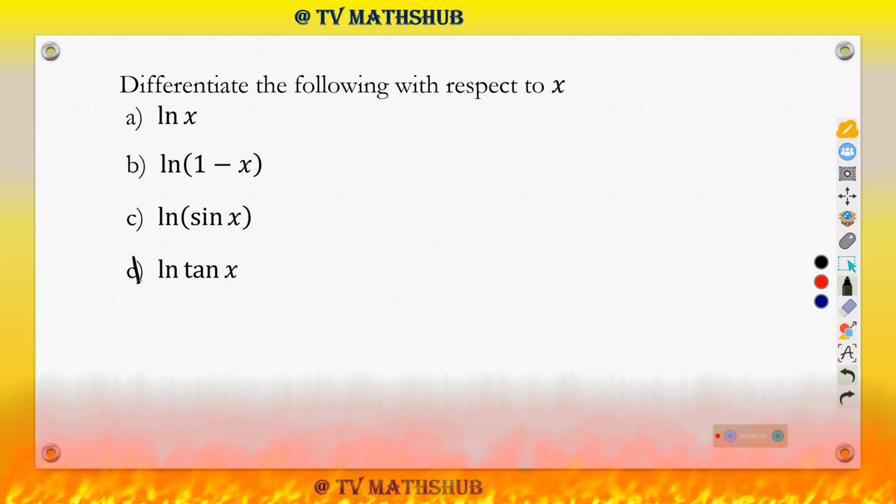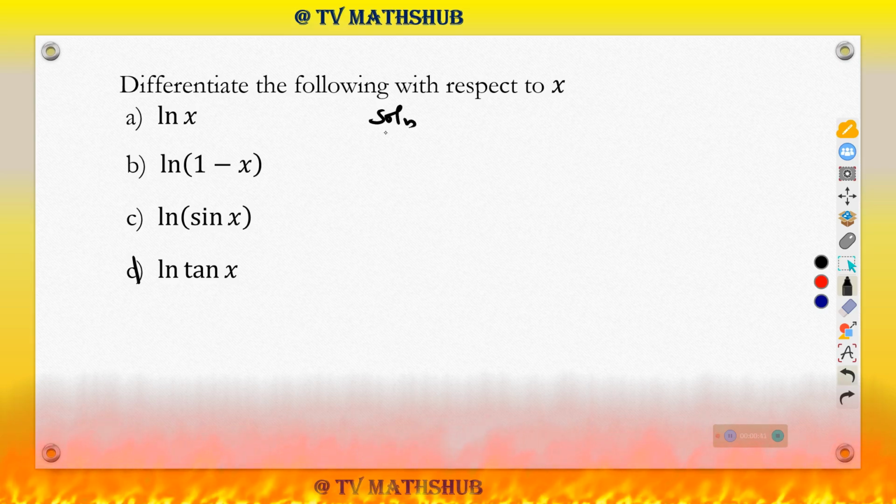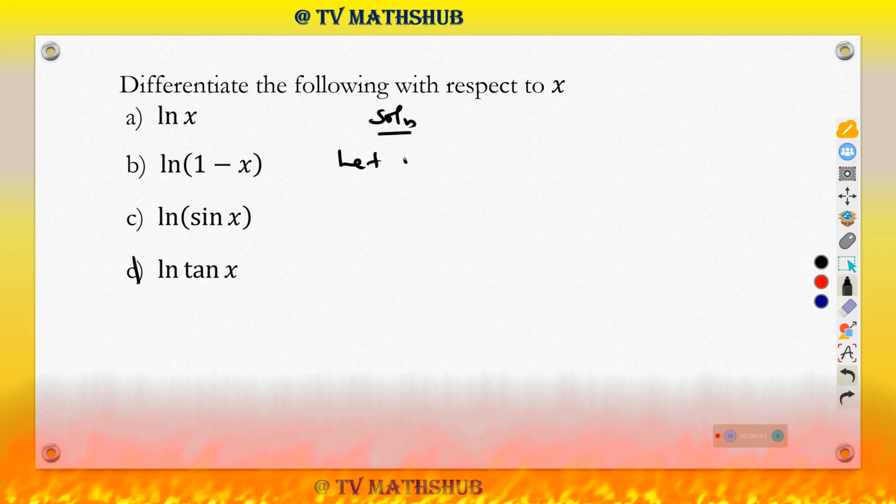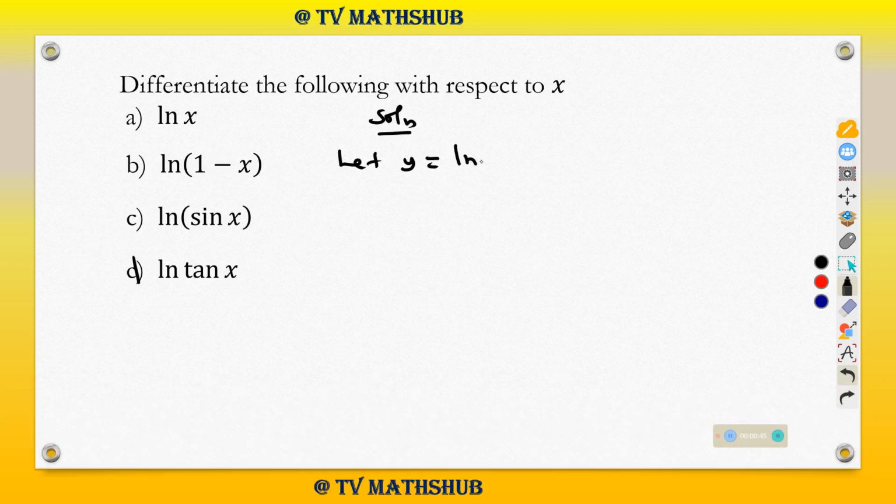How do we differentiate ln tan of x? So our solution will be to let y represent ln tan of x. If that is so, differentiate on both sides with respect to x.